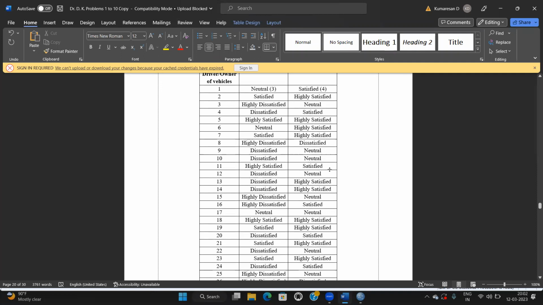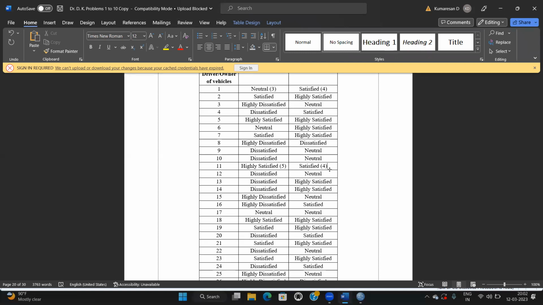Okay. Then see here. For the 11th driver, the satisfaction level before is highly satisfied. So we assign 5. But after implementation, this level is just satisfied. So the value is 4. So after value is less than the before value. It is called as negative rank.